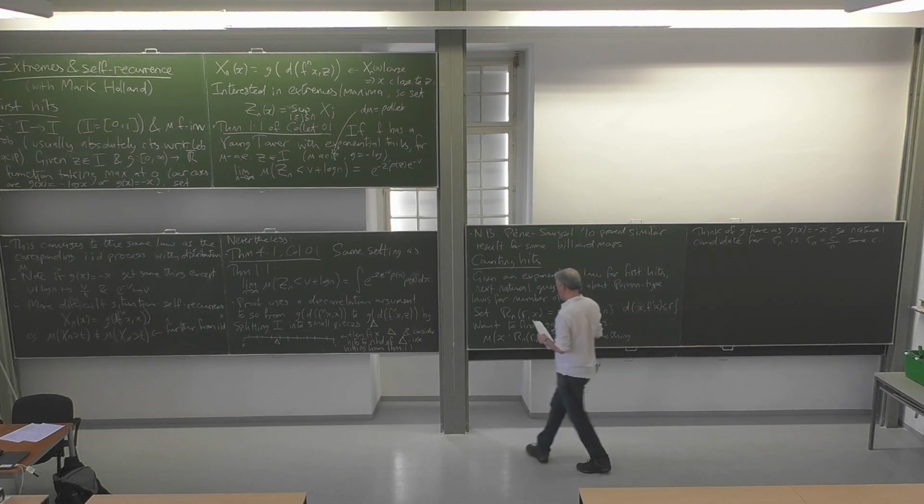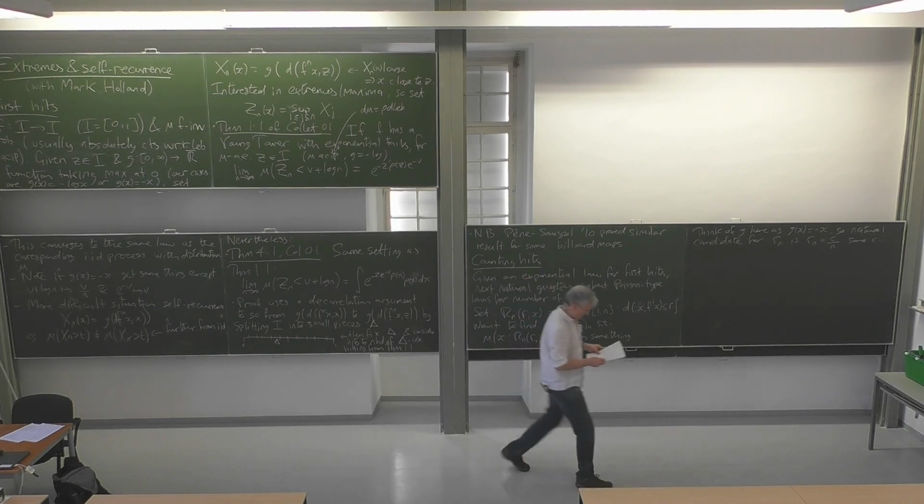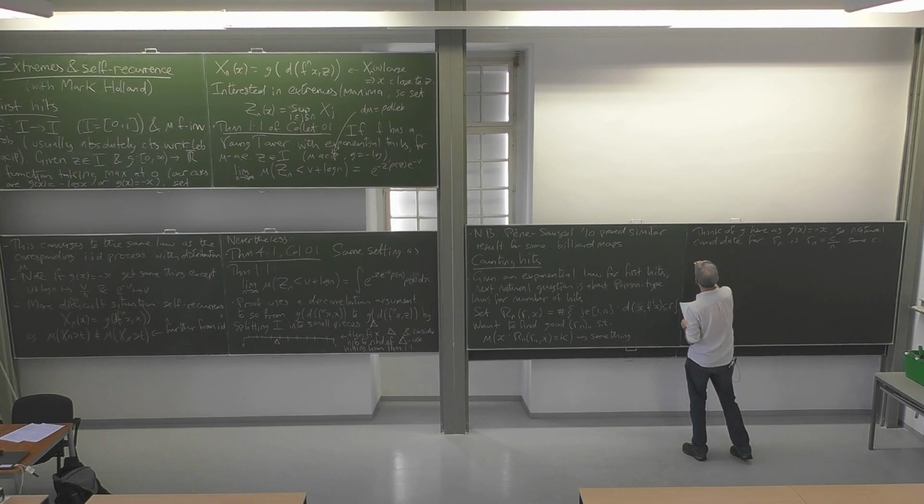Okay, so what I'm going to do is give the assumptions for our result, explain what our result is, and then try and give you some idea about how that works. So here are the assumptions.